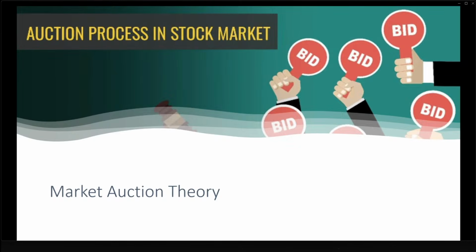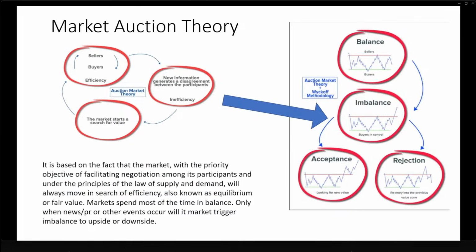So when you're trading in balance, market auction theory is just saying we have buyers and sellers that are happy here and accepting the price. As long as they're trading within the balance, they're saying, hey, I'm happy here, let's trade as much as we can.